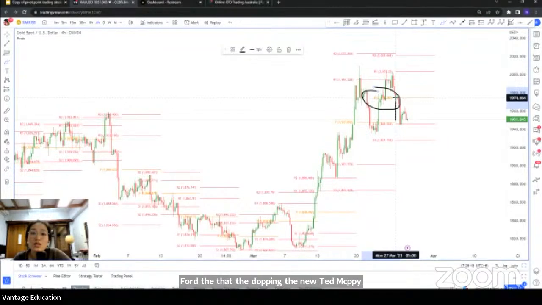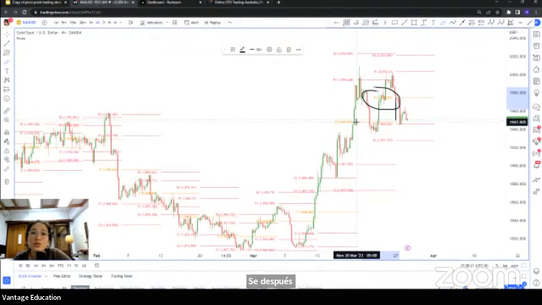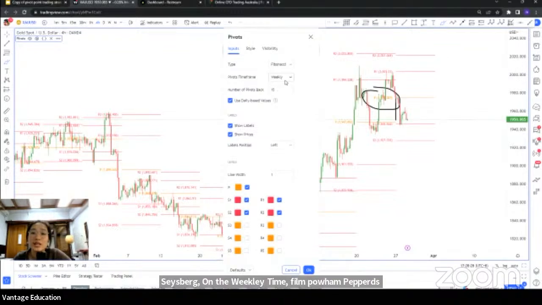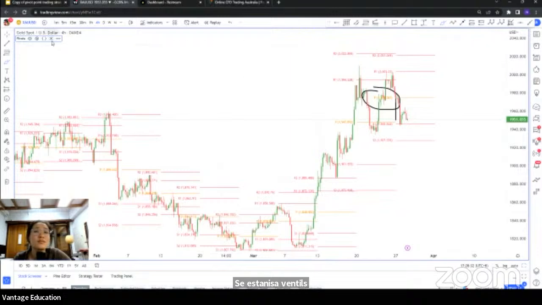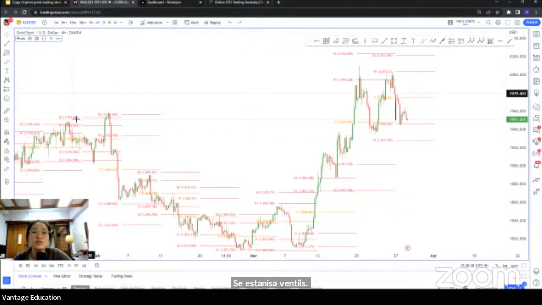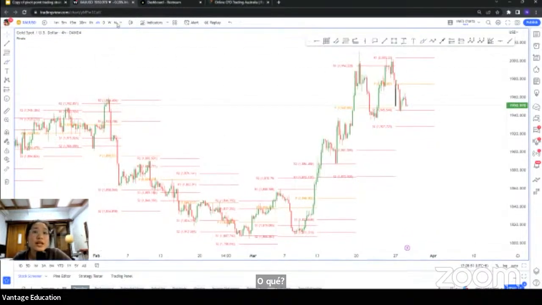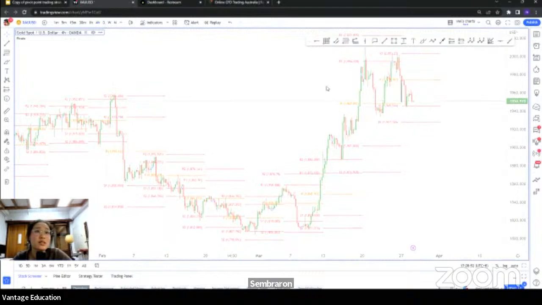So this was on the 27th, and then this was on the 20th. Since we're on a weekly time frame for our pivots, it's exactly 7 days. Okay, let me clear my chart. So I'm going to go ahead and use the daily time frame instead.